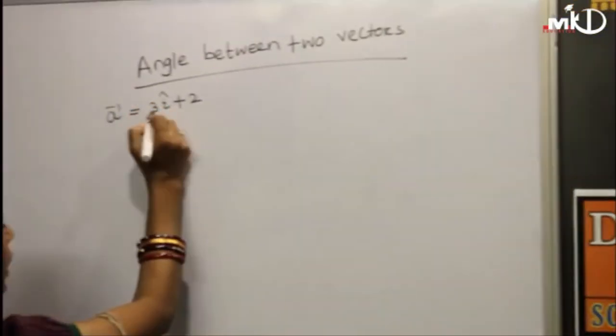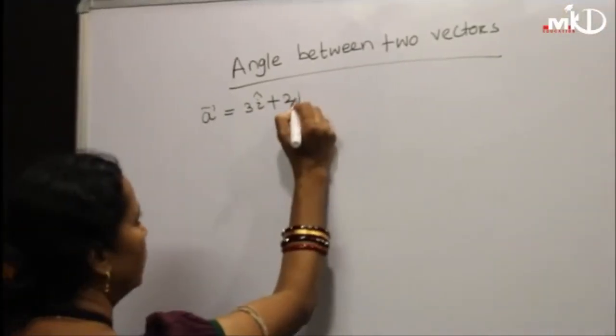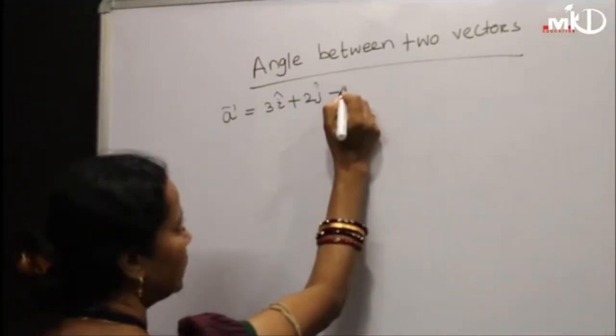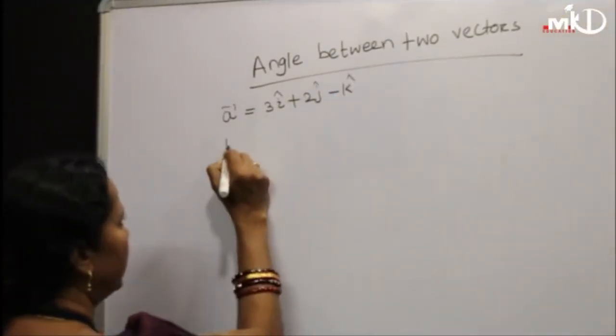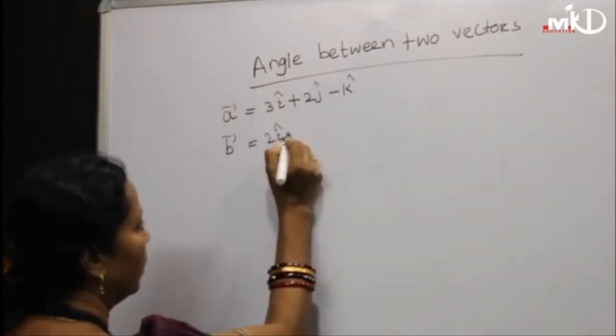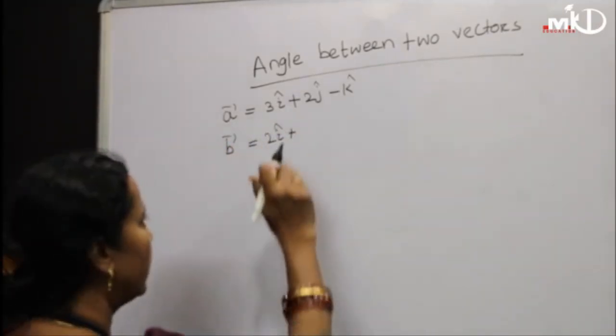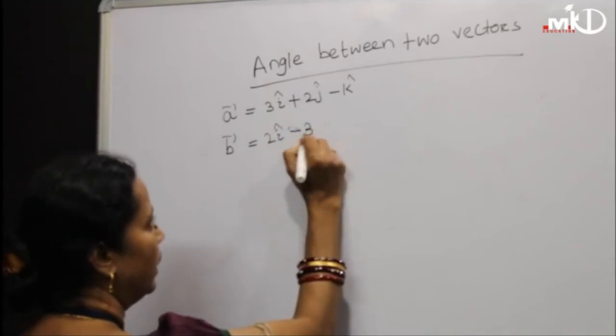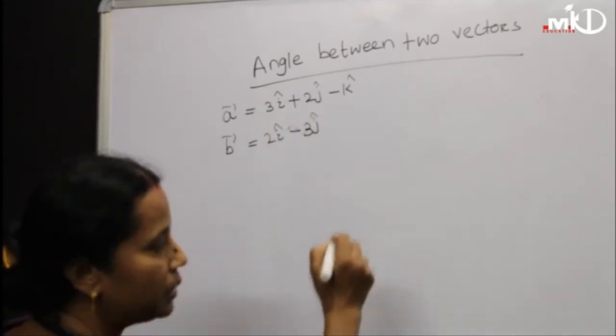So we take, suppose, our vector A bar is equal to 3 i cap plus 2 j cap minus k cap and vector B bar is equal to 2 i cap minus 3 j cap plus k cap.